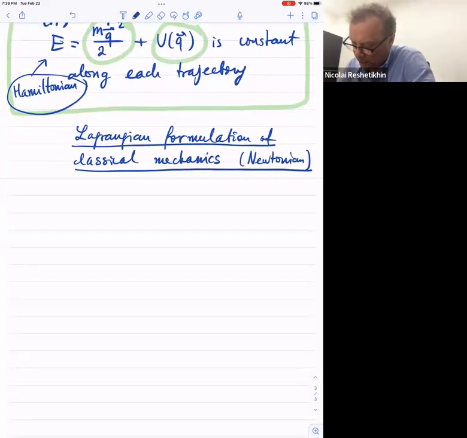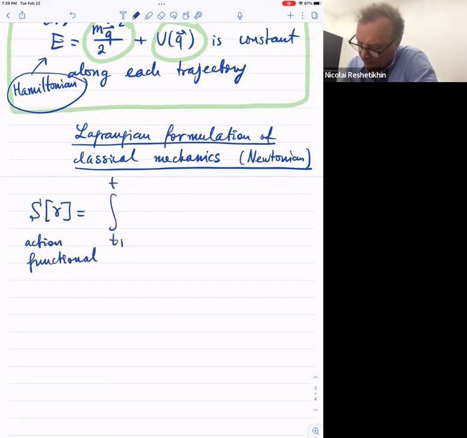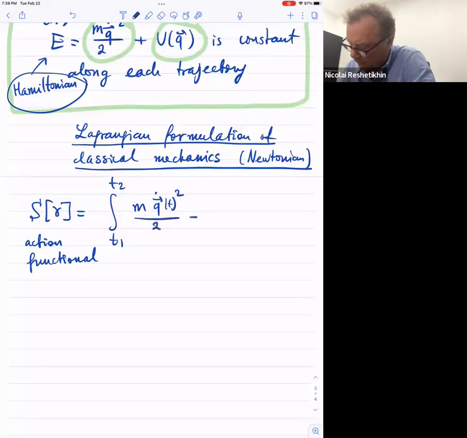So first, the Newtonian case. Let's consider the functional that is called the action functional. It's a functional on the space of parameterized paths in R3.